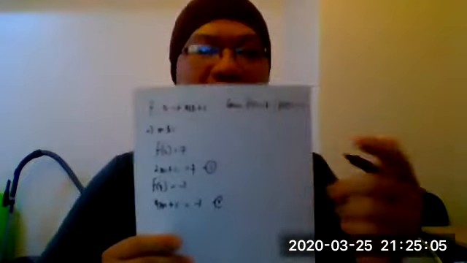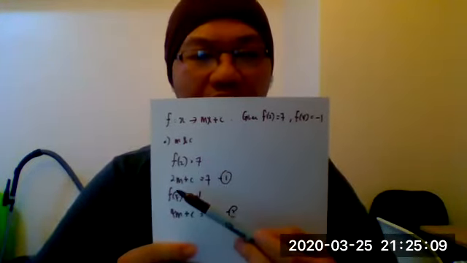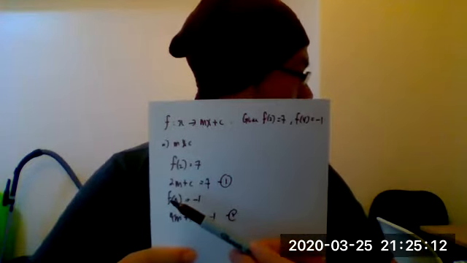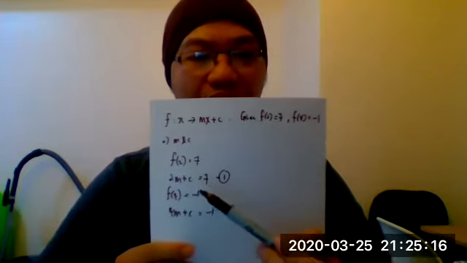So when f(2) equals to 7, so dia akan jadi macam mana? Okay, so dia akan jadi like this. So first step, you substitute the 2 and 7 into the equation so that it becomes 2m plus c equals 7.